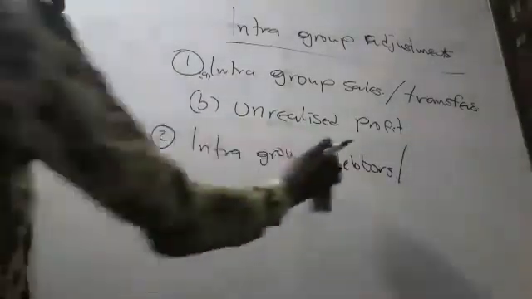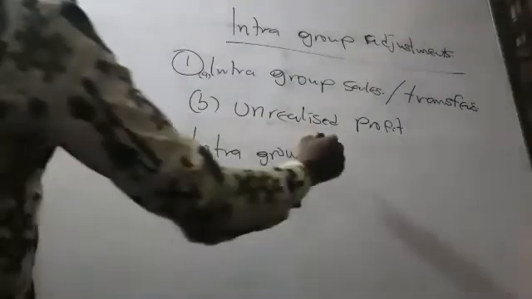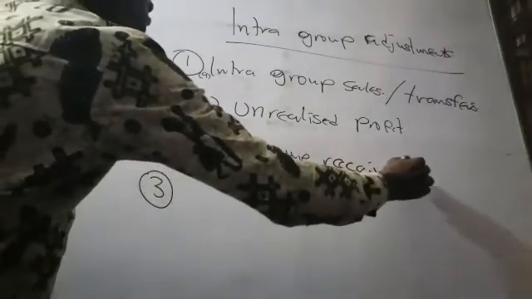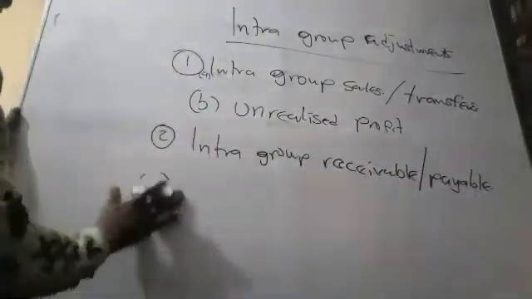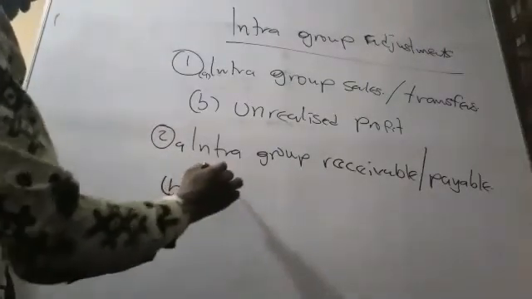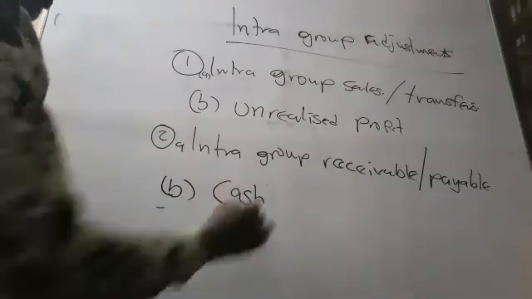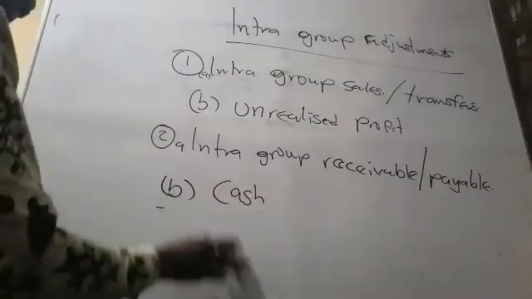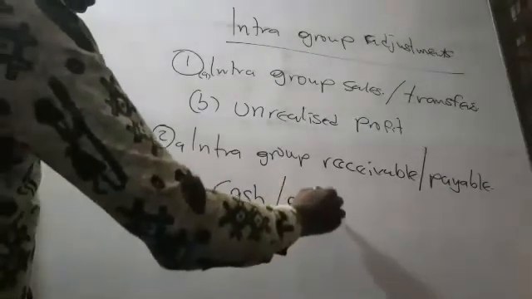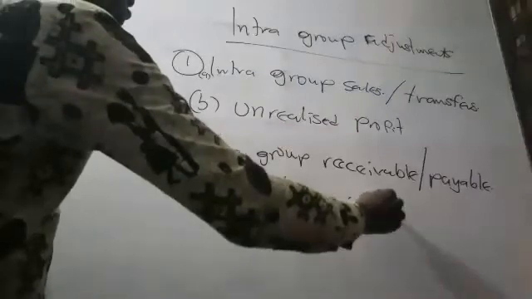Let's make it intra-group receivable and payable. I like receivable more than debtors. Intra-group receivable and payable will also amount to 2A. 2B will amount to what we call cash or goods in transit.